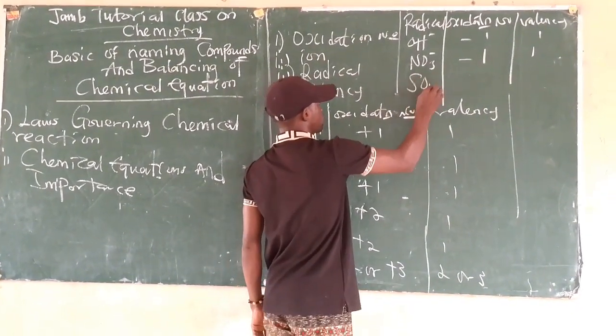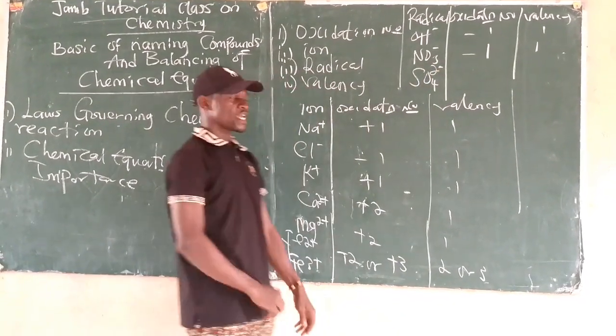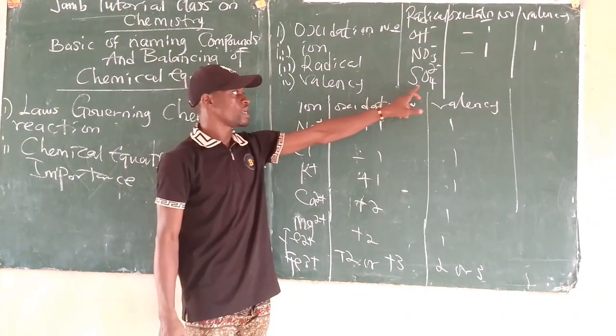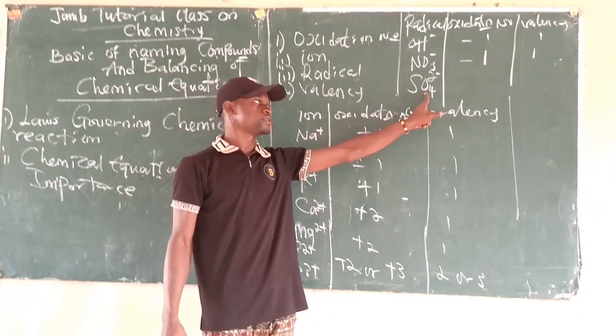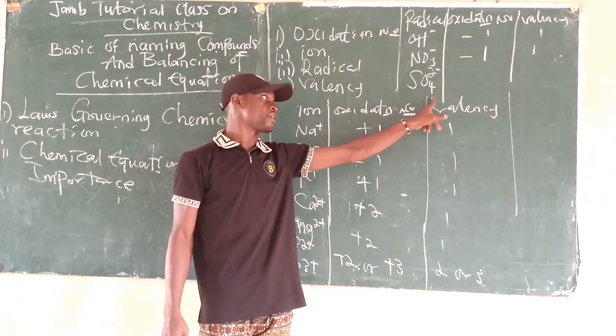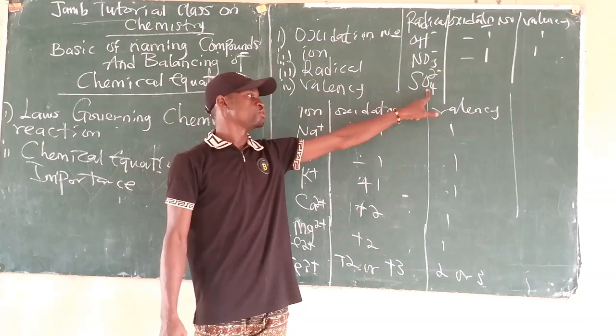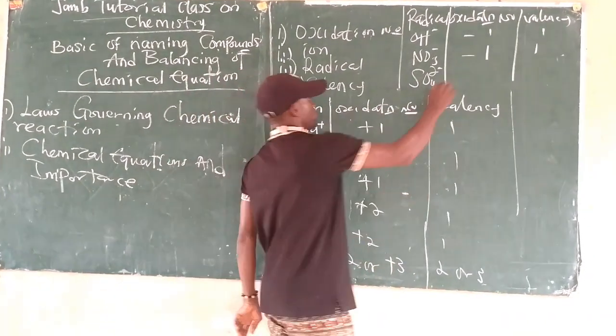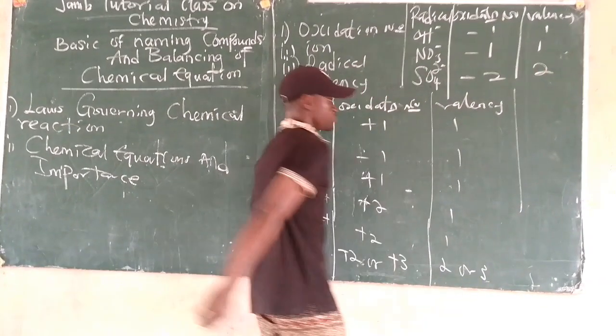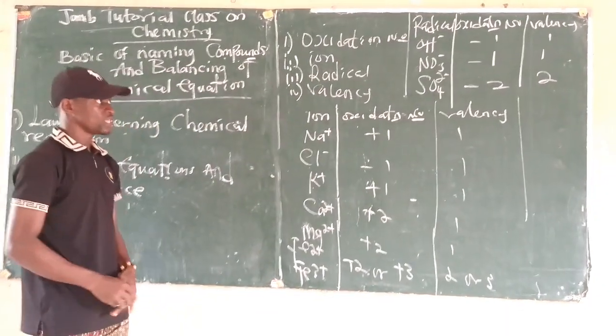And we have SO4 2-. Here is sulfur and oxygen. So the name of this radical is sulfate. From here we have -2 and 2. So I believe you understand this.